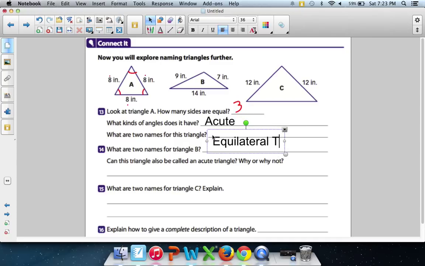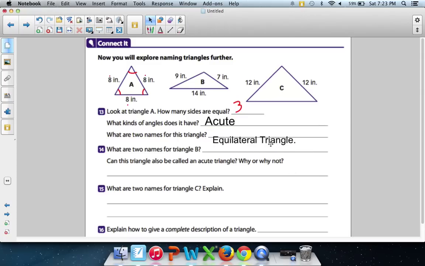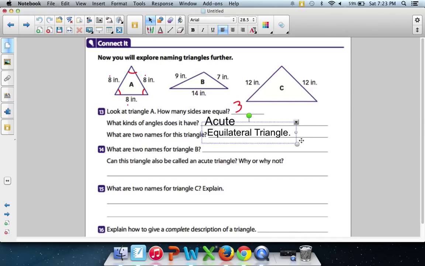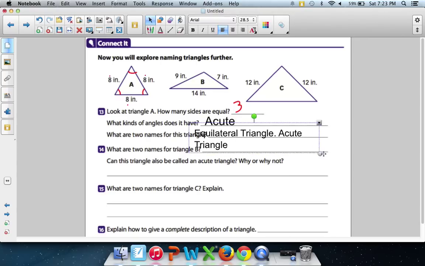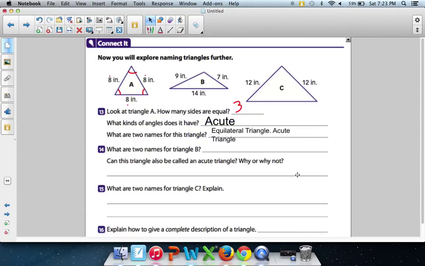But there's another name you could give this triangle, because besides the equal sides, it also has three acute angles. So it's not just an equilateral triangle, it could also be an acute triangle. So equilateral triangle or acute triangle, both of those names work out just fine.